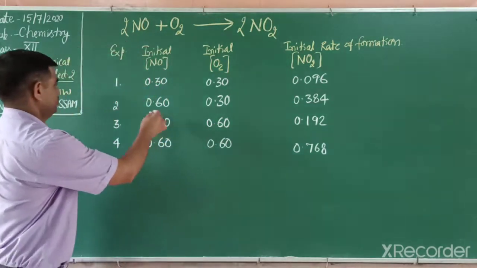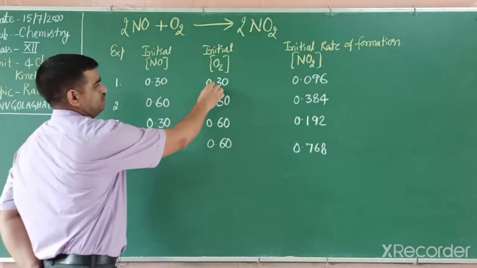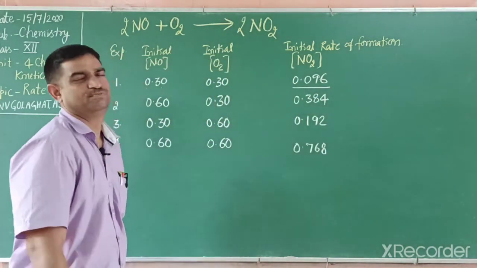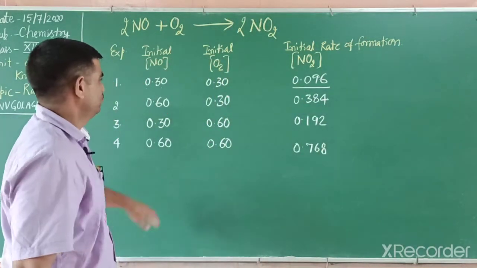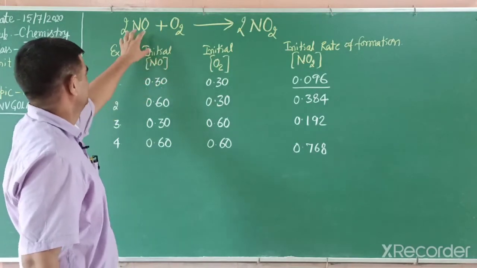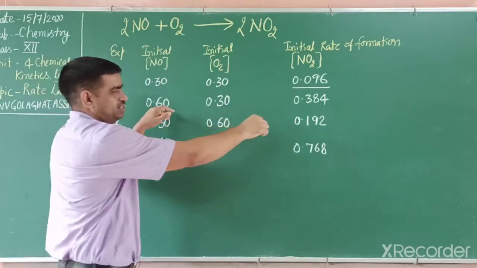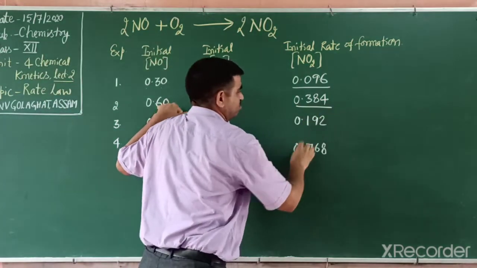When concentration is 0.30, that time this one is 0.096 mole per liter. But when the concentration of nitric oxide is just doubled, then this rate we can see increases 4 times.